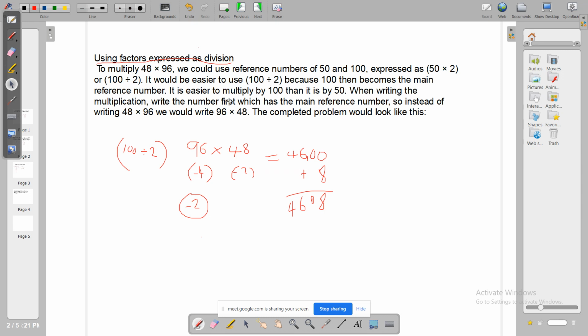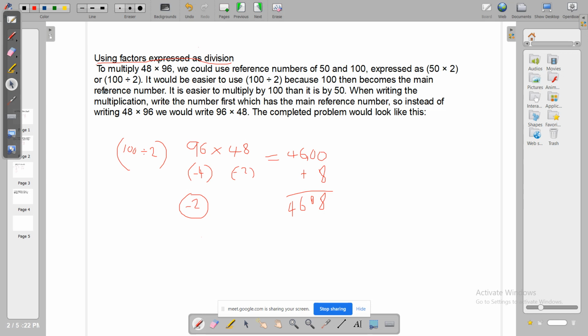So the main reference number is this 100. The number that is going for the main reference number, we write that one first, then come to the next one. For instance, we are writing 48 times 96.